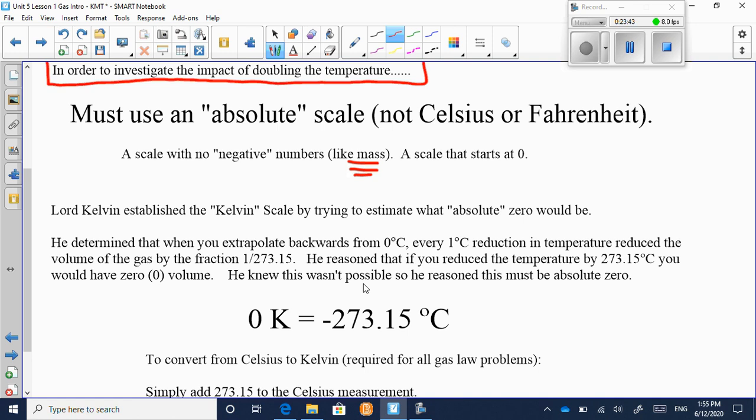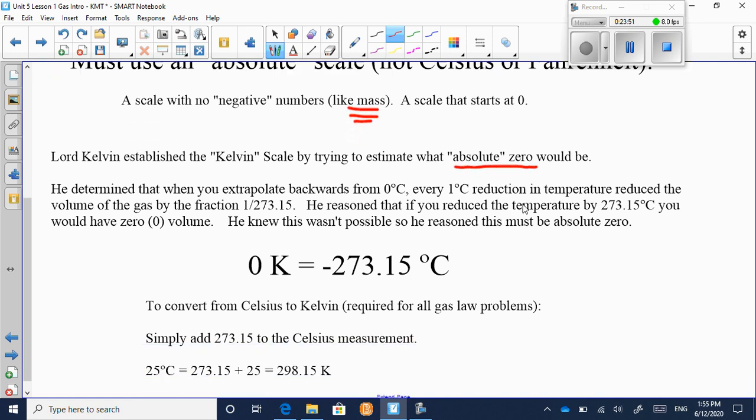And basically, Lord Kelvin helped us by trying to estimate what absolute 0 would be. And he had an interesting way of doing this. He extrapolated backwards from 0 degrees. What he found was that for every 1 degree Celsius reduction in temperature, it reduced the volume of the gas by 1 over 273.15. Now that's a pretty small decrease in the volume, but he used this to make a beautiful reasoning.